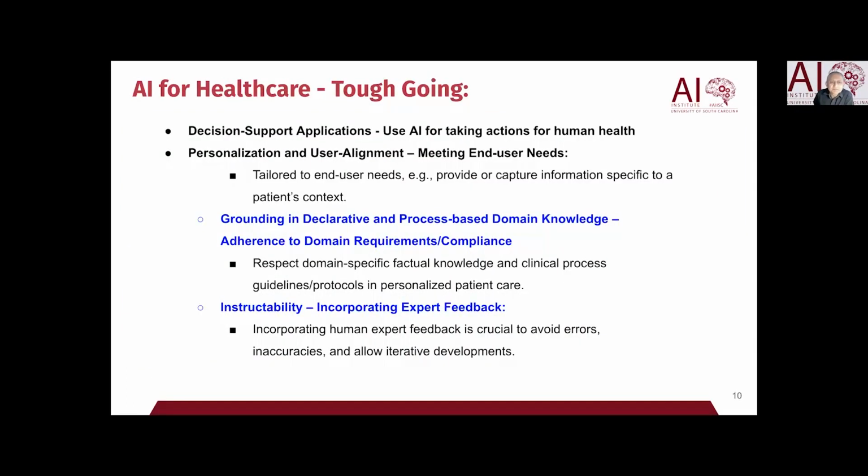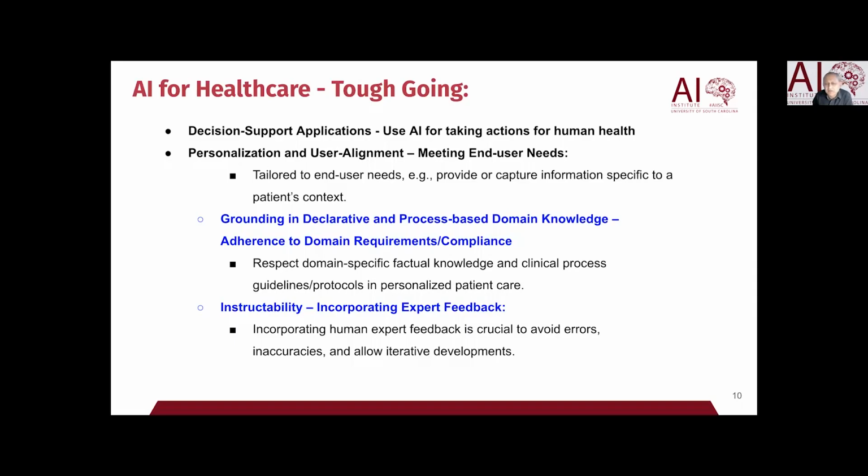Here are some of the requirements when you want to use AI for decision support applications or take actions related to human health. One is personalization and user alignment. You have to meet end users' needs, you have to meet clinicians' needs, and that means you have to provide specific knowledge about the patient or give the patient context.